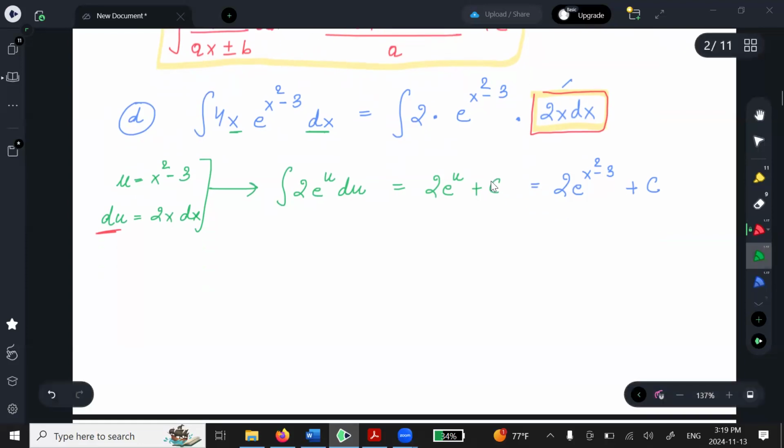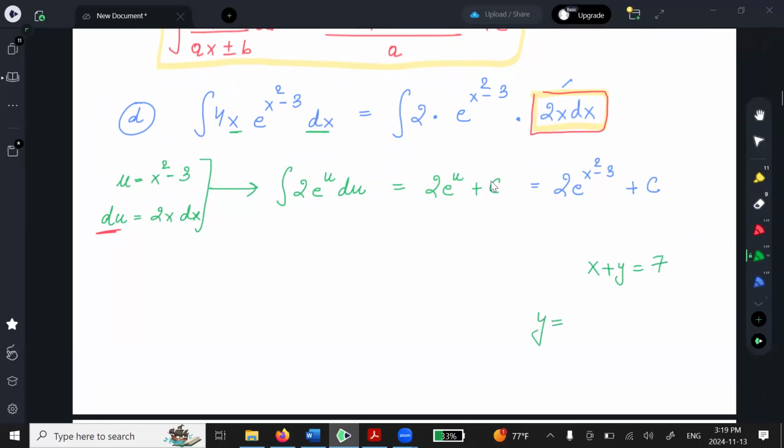Just like if I had x plus y equals 7, and I gave you that y equals 3, you know what to do next. You replace your y with 3, right? It's the same concept. Because my du equals exactly that thing, I replace it with the du. Good? Question.